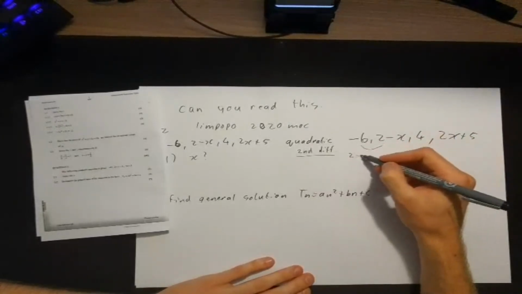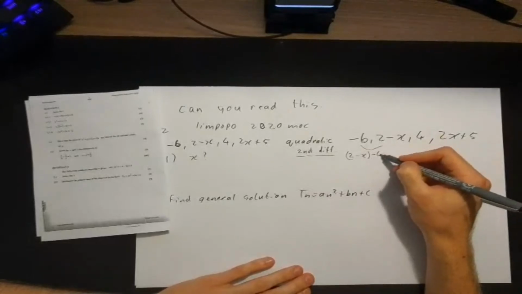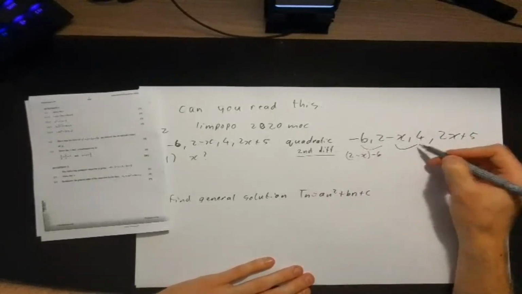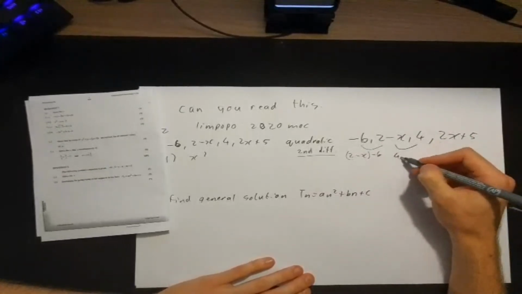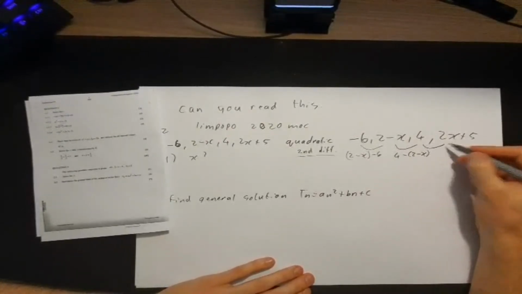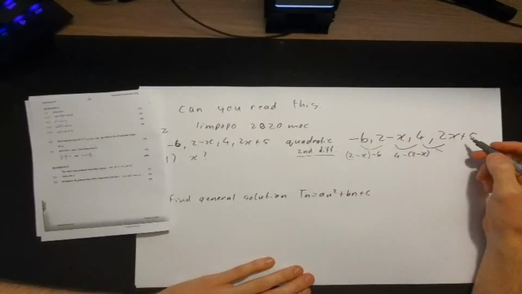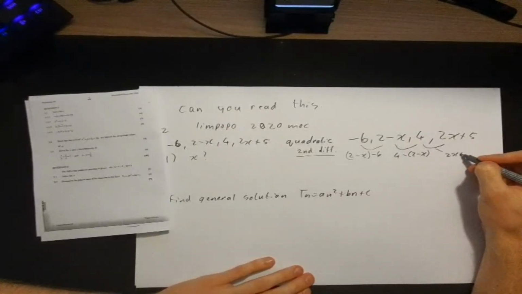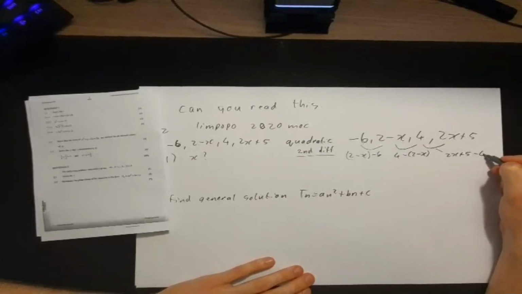You can have 2 minus x minus 6. The difference between the next two is 4 minus 2 minus x. Just be careful with your negatives. And then the difference from here to here would be 2x plus 5 minus 4.